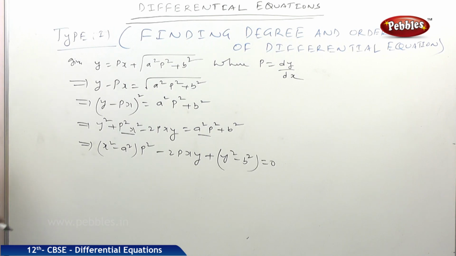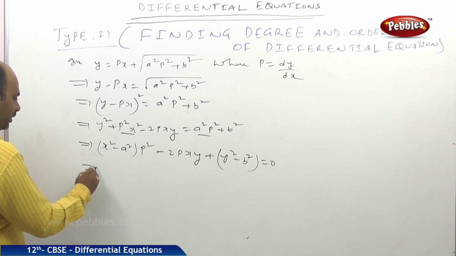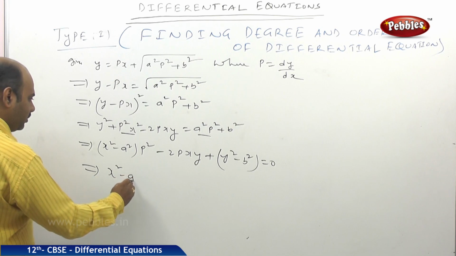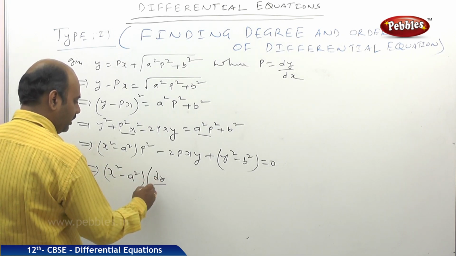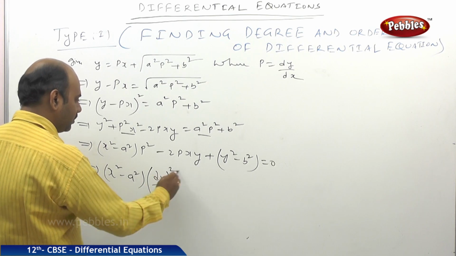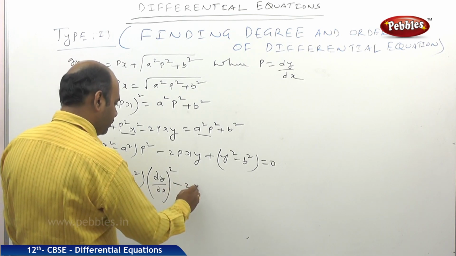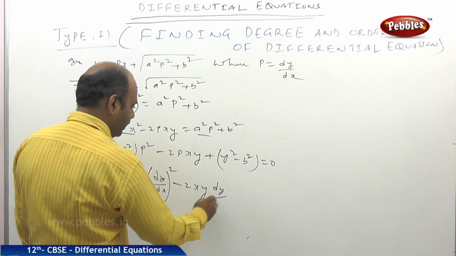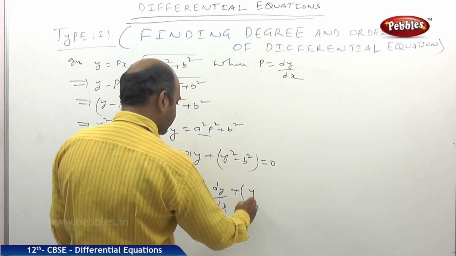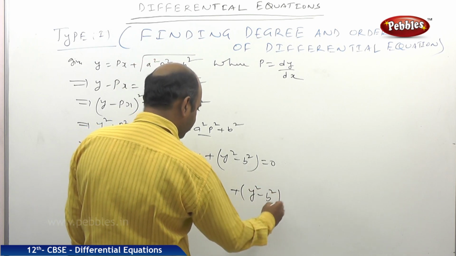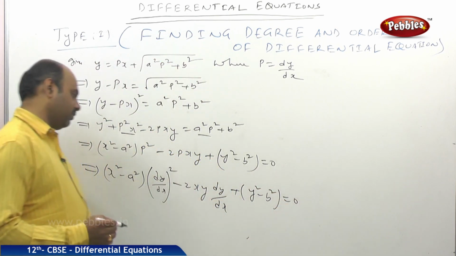But in place of p, I will be substituting dy by dx. So what happens? (x square minus a square) into (dy by dx) whole square minus 2xy into dy by dx plus y square minus b square equal to 0.